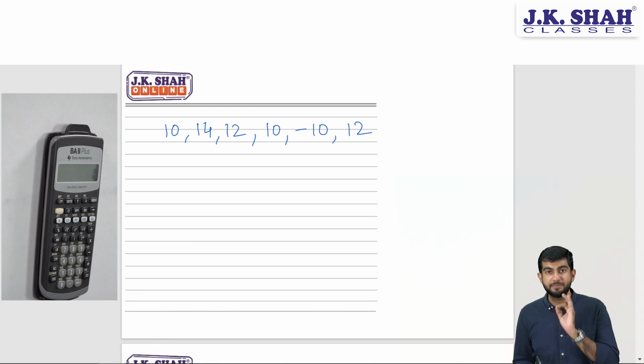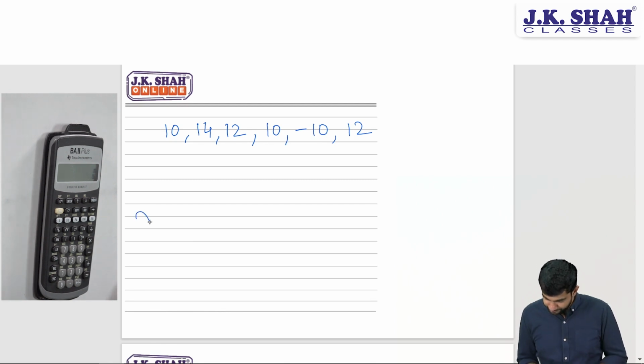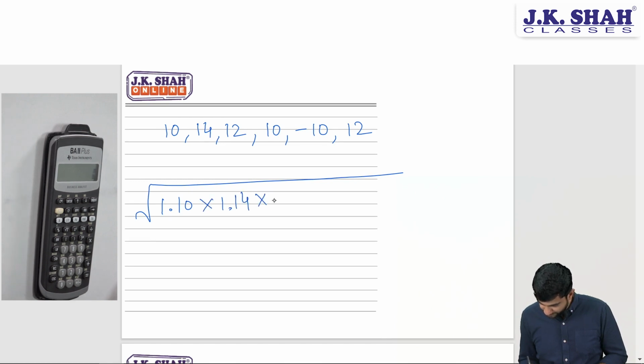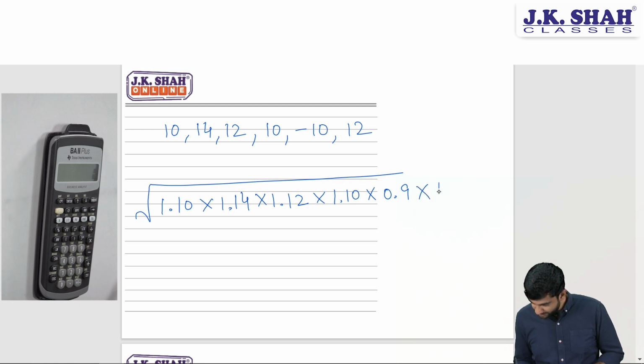Now geometric mean would be calculated using 1.1 into 1.14 into 1.12 into 1.1 into 0.9 due to negative 10% returns into 1.12. Now there are 6 values, so I'll have to take the 6th root.